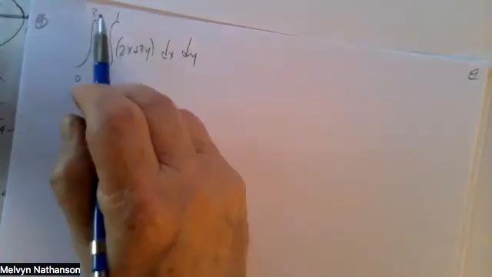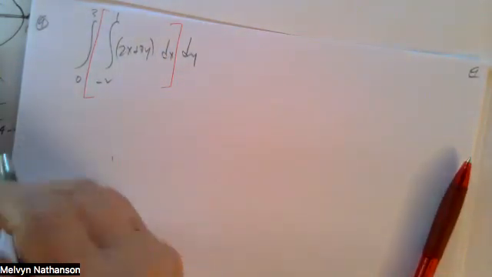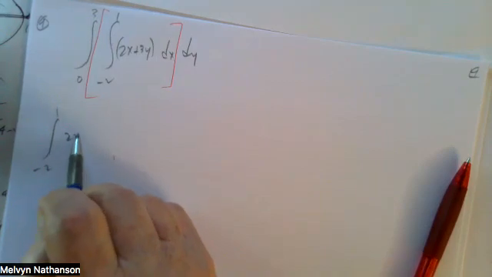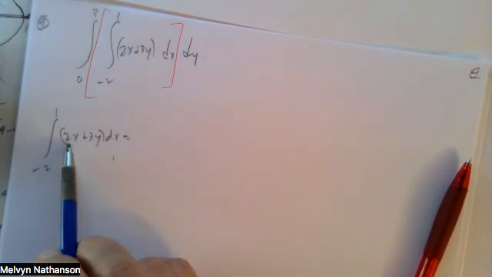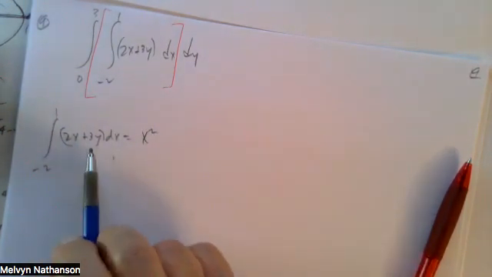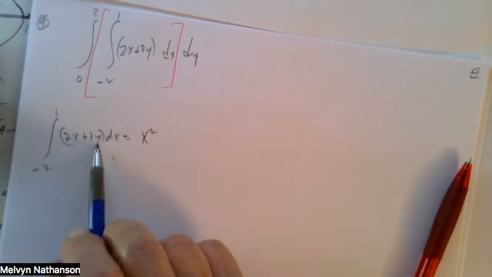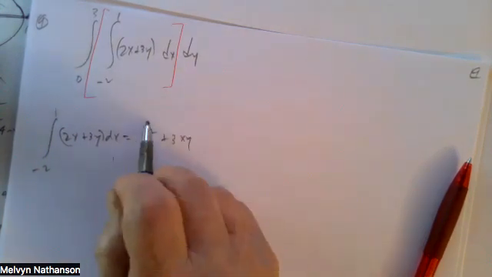So just look at this inside integral. This is the integral from -2 to 1 of 2x plus 3y dx. When you integrate 2x with respect to x, you get x squared. When you integrate 3y with respect to x, 3y is just a constant. You get 3y times x, or 3xy.